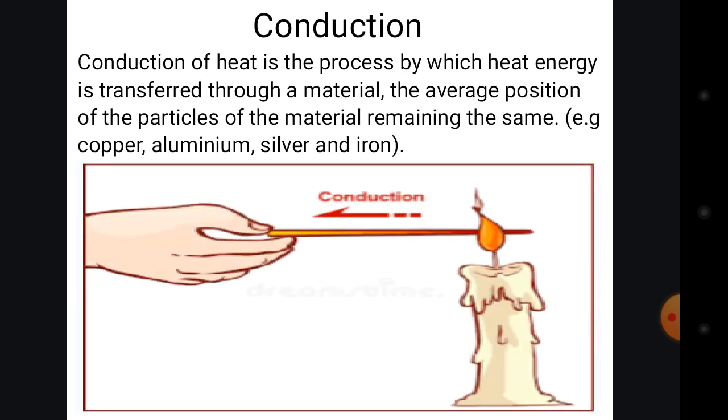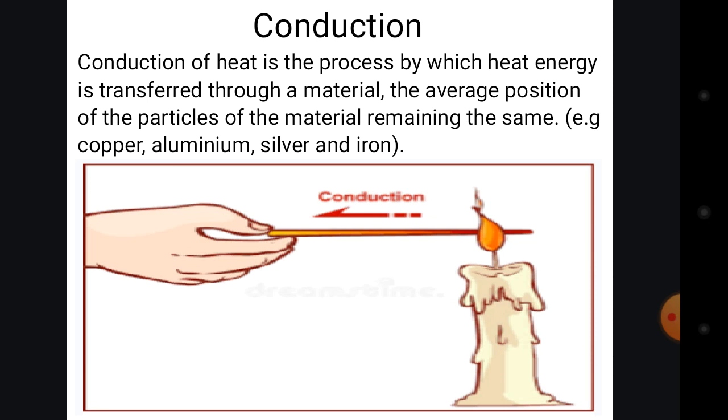The first one among them is conduction. Conduction of heat is the process by which heat energy is transferred through a material. The average position of the particles of the material remains the same. Let's look at this definition.